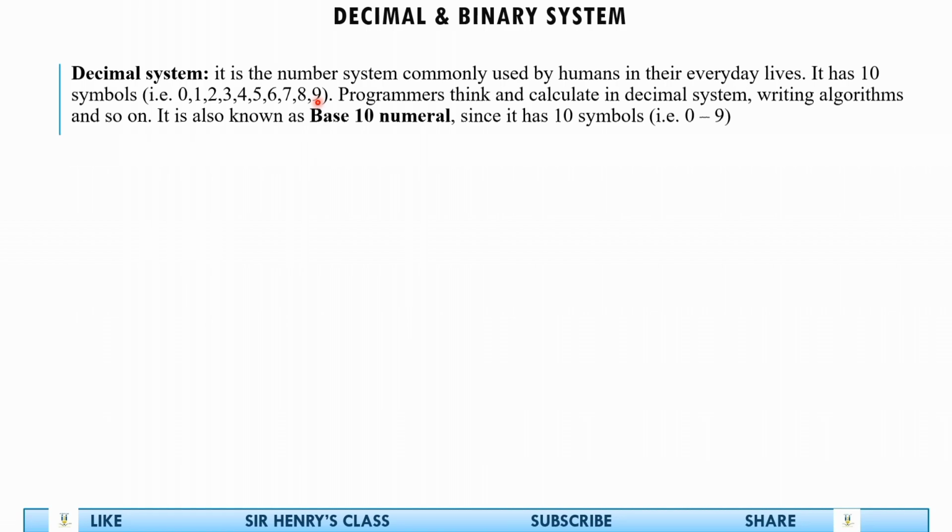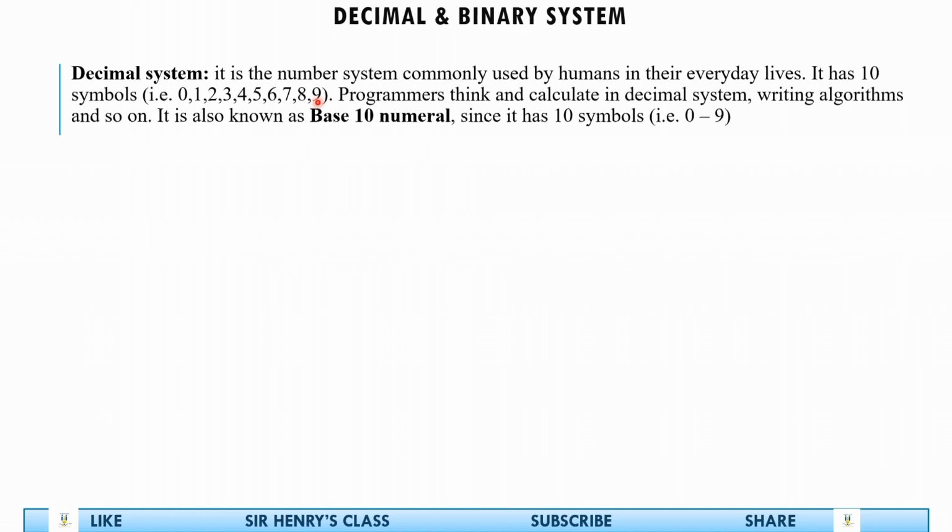That is the decimal system. Mostly the symbols are equal to the base number. So if it is base 10, we have 10 symbols, but the number itself wouldn't be included. So we always begin with 0 for decimal system and end on 9.